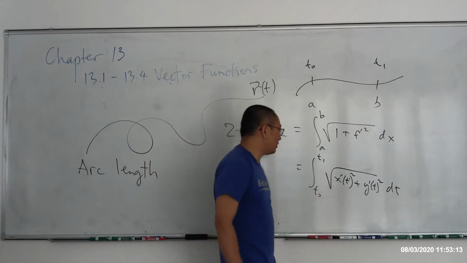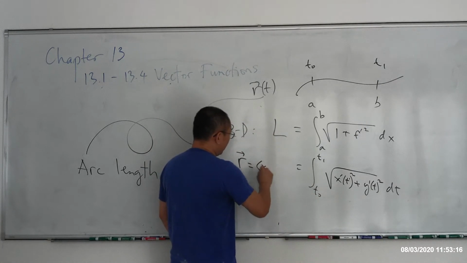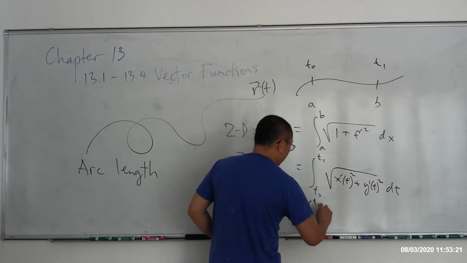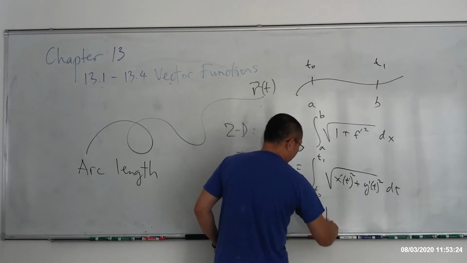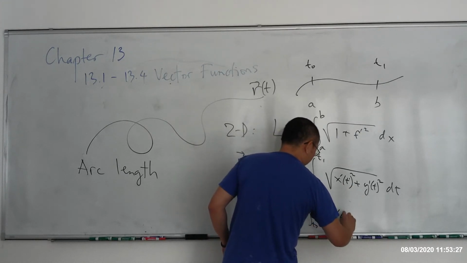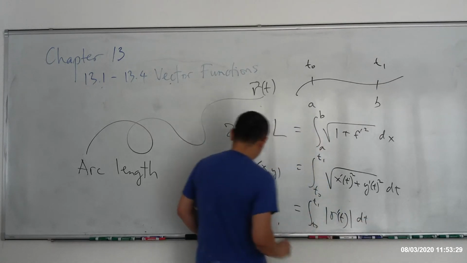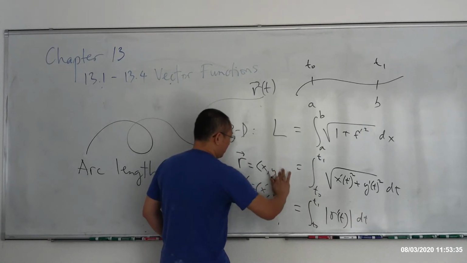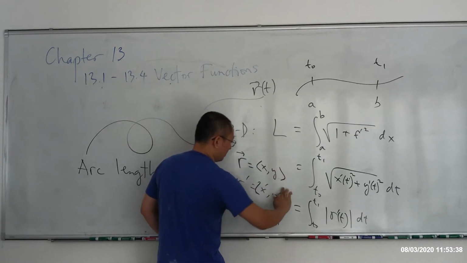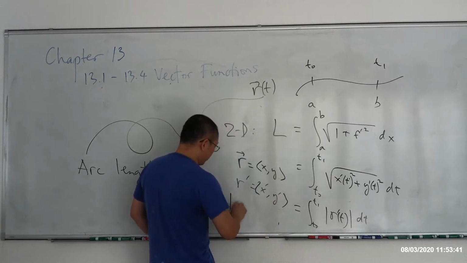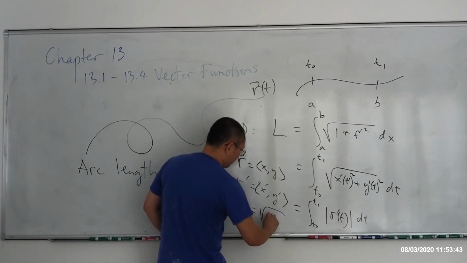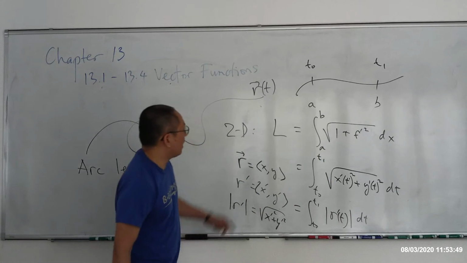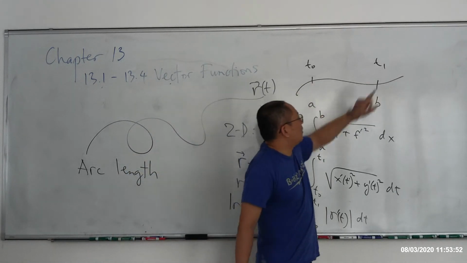And if you think of this as a vector with r equal to x of t, y of t, then this is the integral from t0 to t1 of the magnitude of r prime of t dt, because r prime is x prime comma y prime. Okay. I'm going to use this notation for a vector. So the magnitude of r prime is going to be the square root of x prime squared plus y prime squared. Okay. And this is the arc length from one point to another point in 2D.